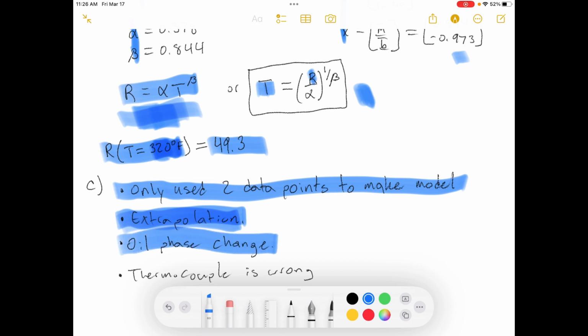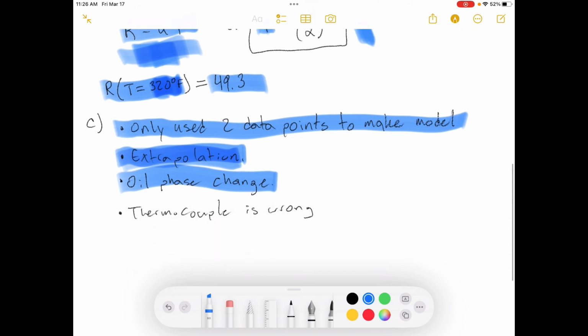Another thing I thought of is that maybe the oil is having a phase change at 295, so the oil is boiling. They don't say that, but maybe the oil's boiling at 295, and so it's not going to get hotter until all of that oil is boiled off. And then the third thing I thought of is that maybe your thermocouple is just wrong.